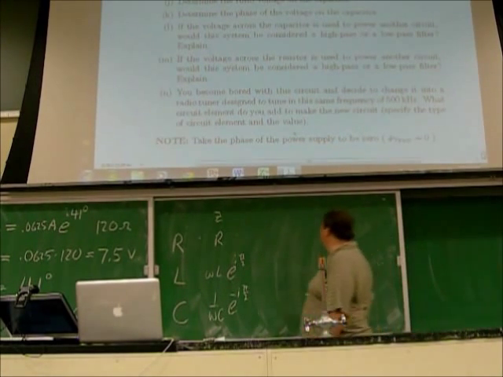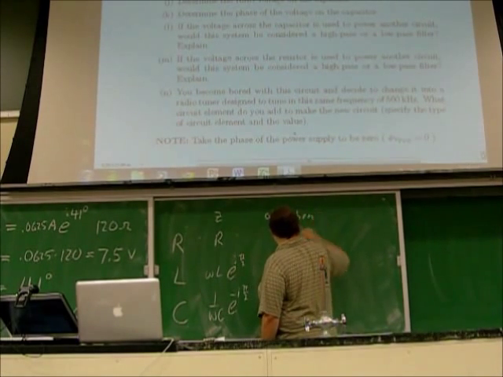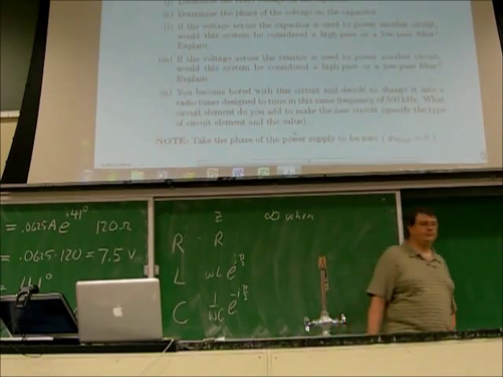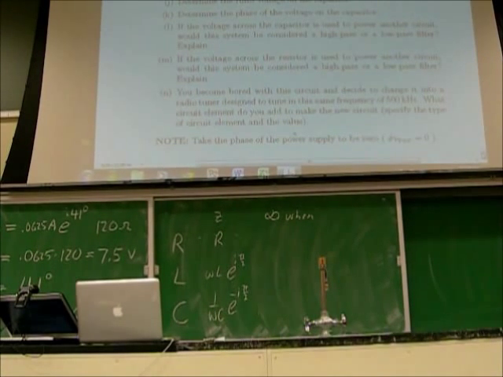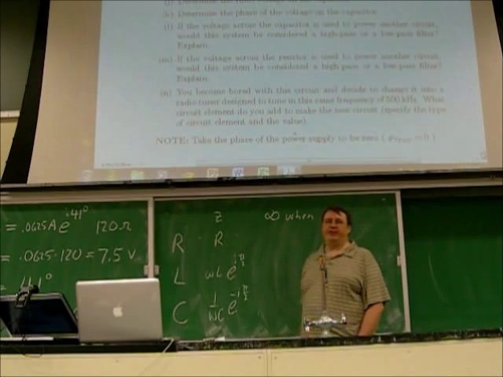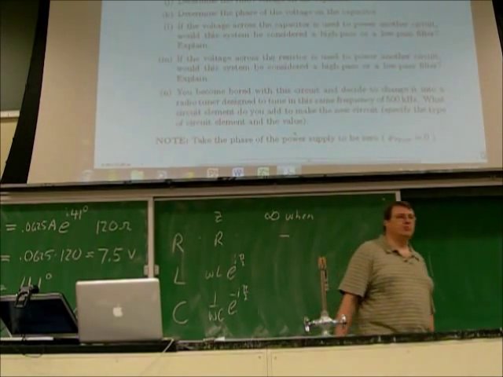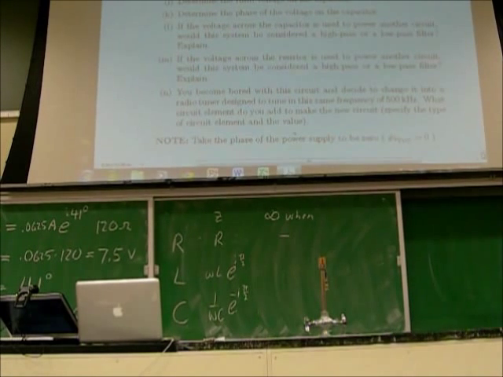Now I'm going to make another column. I'm going to ask for infinity when. When does this formula go to infinity? What frequency would cause R to go to infinity? Never does. So there is no infinity when for the resistor.